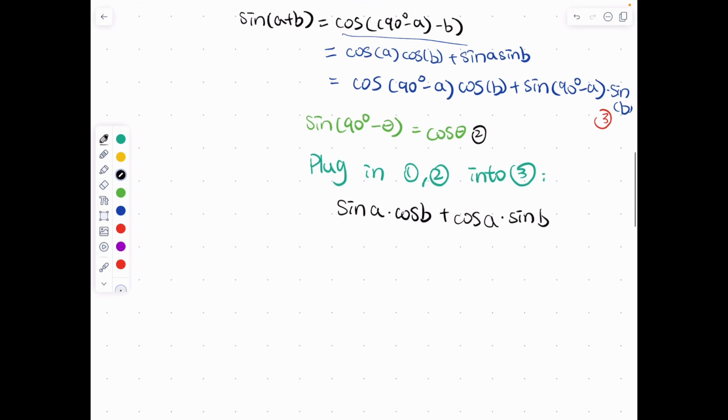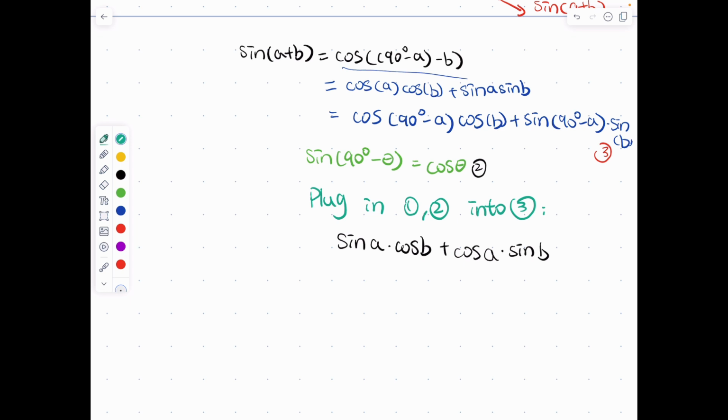Yep. Okay, so then that is equal to sine of a plus b.